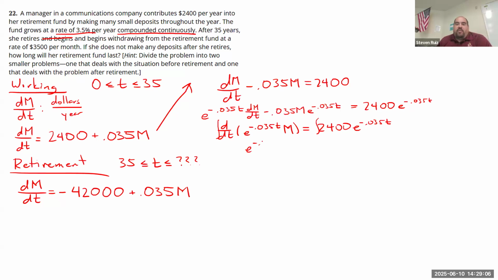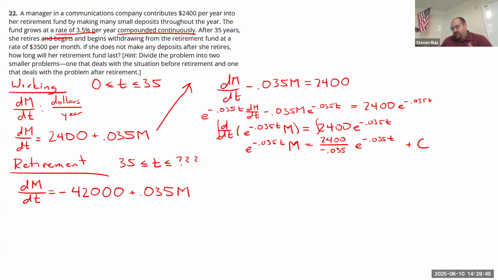So e to the negative 0.035 t times M equals 2400 over negative 0.035 e to the negative 0.035 t plus c.